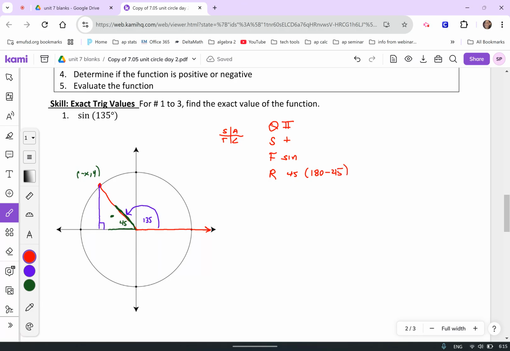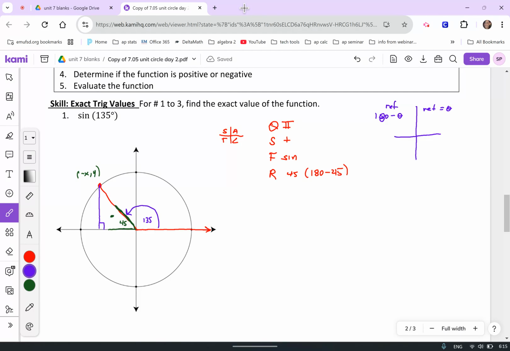You could have also got that by memorizing the chart. So for those of you who are uncomfortable just visually looking at it, if you're in quadrant 1, the reference angle is equal to the angle. If you're in quadrant 2, the reference angle is equal to 180 minus the angle.